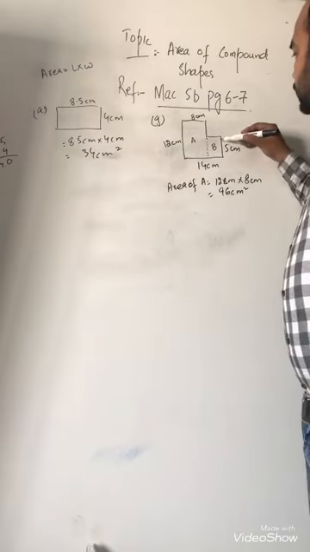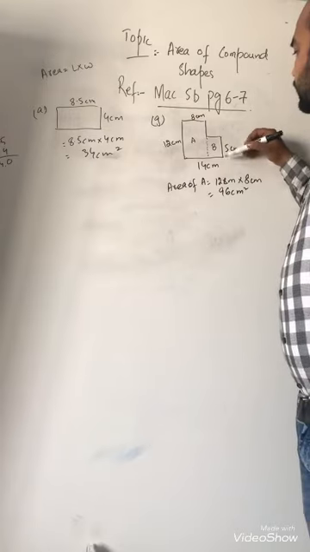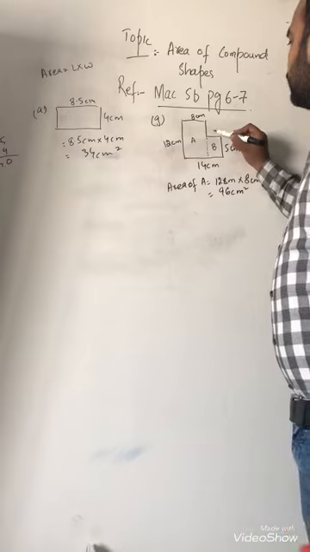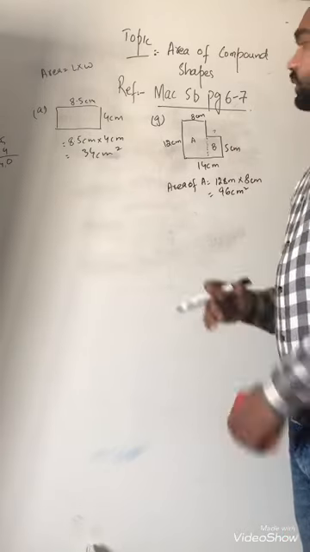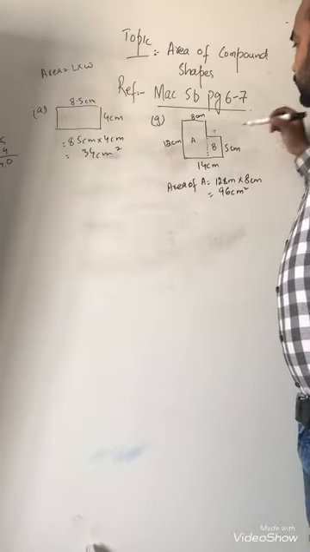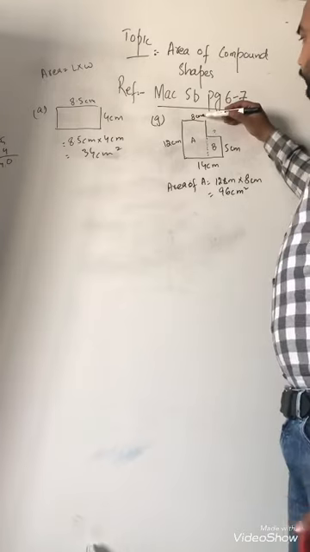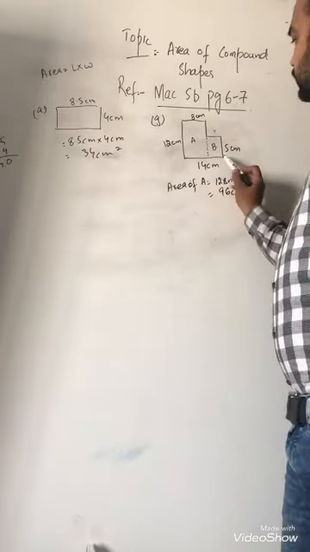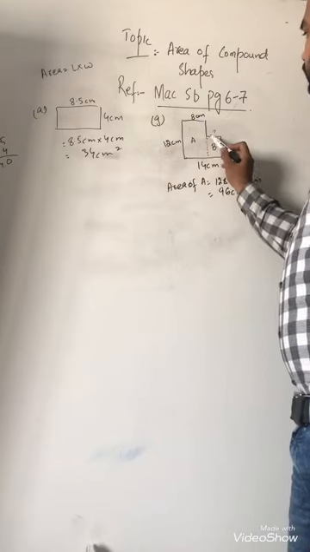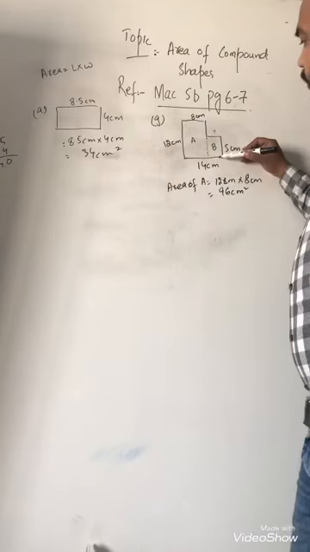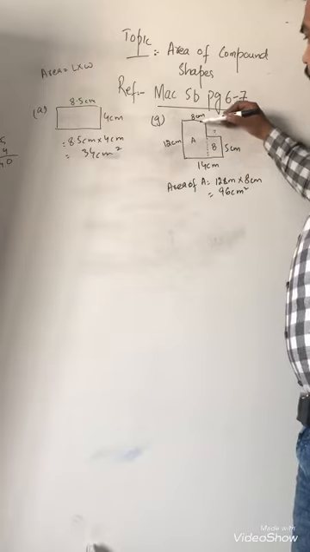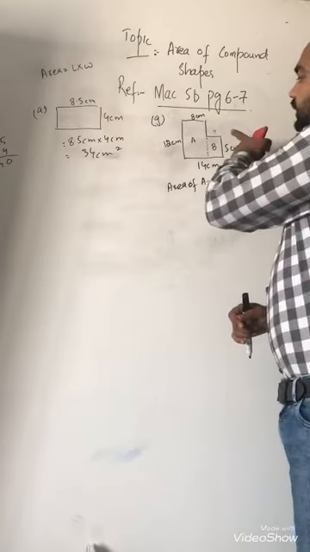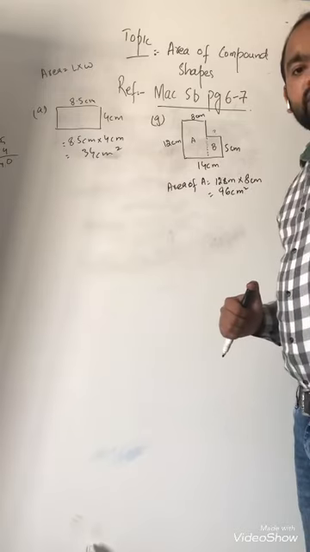But what about the B part? In B part, the length is given to you, that is 5 centimeter, but the width is not given to you. For that, if we have opposite values given, like this is horizontal, this is also horizontal, but this is bottom horizontal and this is top horizontal, how can we find the value of the missing horizontal line?